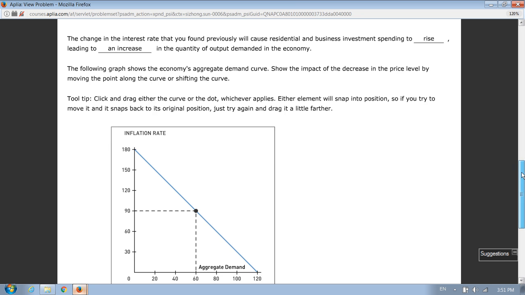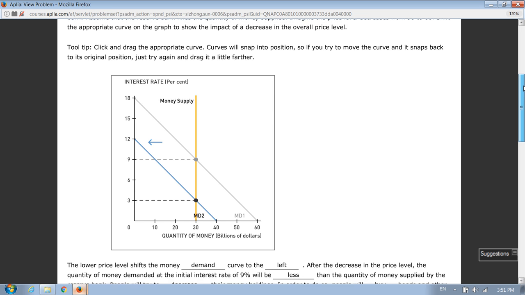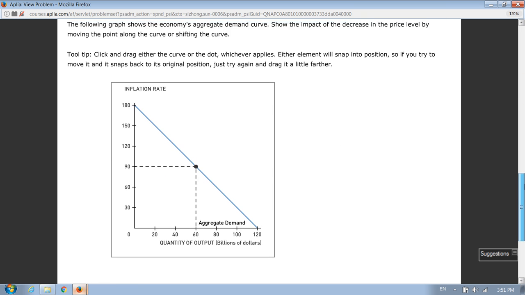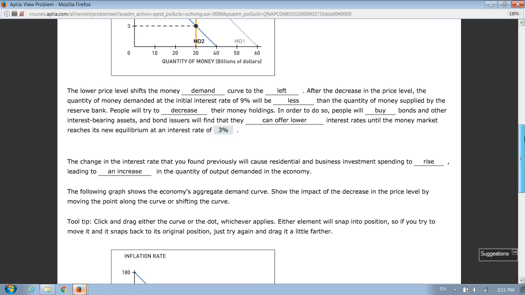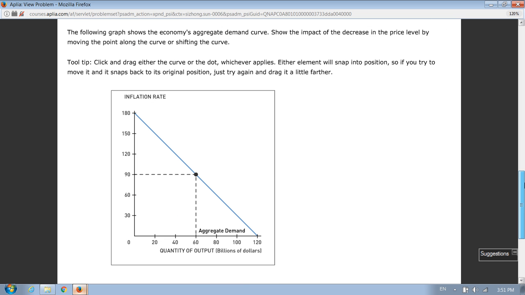So the price goes down, and the quantity of aggregate demand will increase. So this is a movement along the curve, from this point to this point.